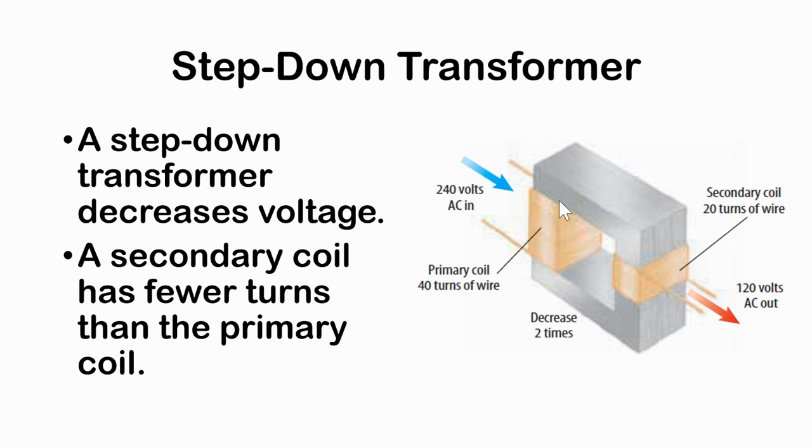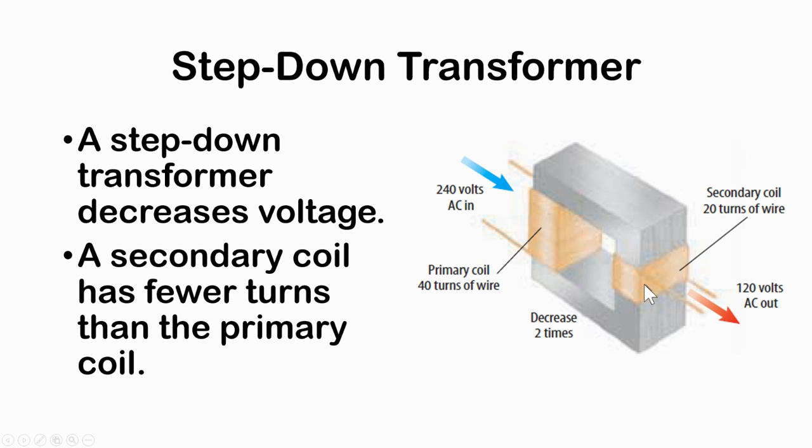A step-down transformer is the opposite of a step-up transformer. A step-down transformer decreases the voltage. The secondary coil, that's the second one, has fewer turns than the primary coil. The primary coil, where the current is coming through, right here, has 40 turns of wire. So these 40 turns of wire are wrapped around this metal block.